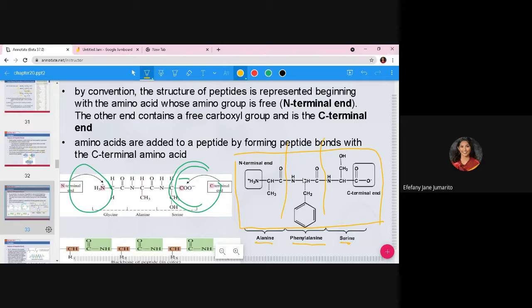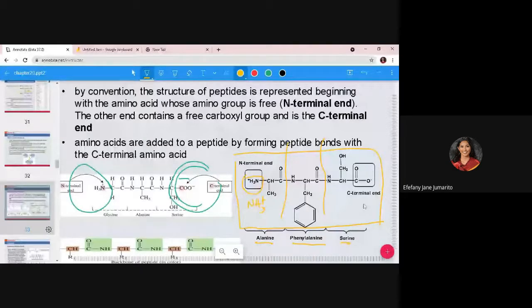Okay. So when you draw a polypeptide structure, the N-terminal end must be a free NH3, meaning it should have a positive charge, NH3 plus.